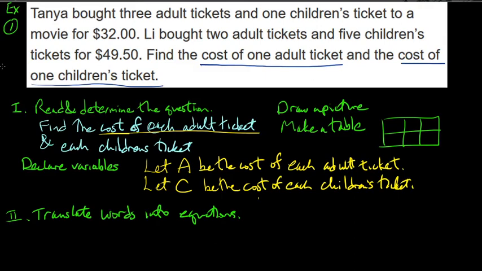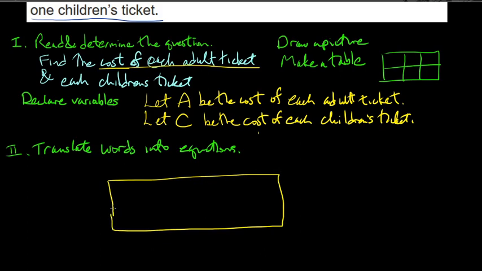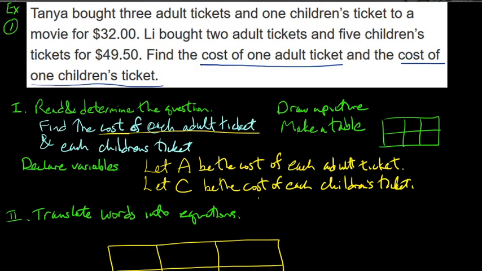And I'm going to run out of space, but let me see if I can bring this down here. So here's my little table. Okay, so 2 rows and 3 columns. That's going to be pretty much uniform for most of these types of questions.